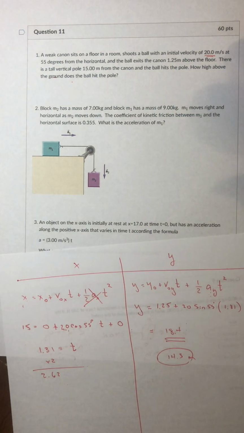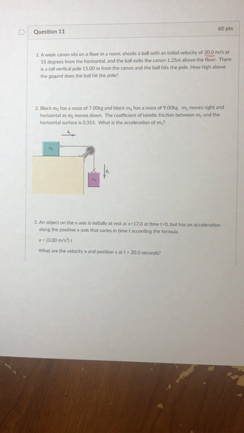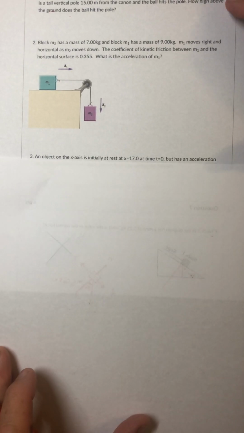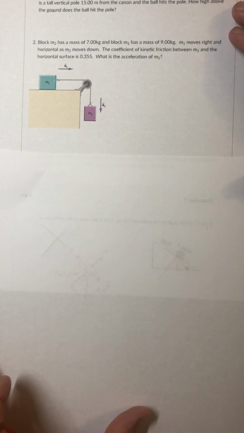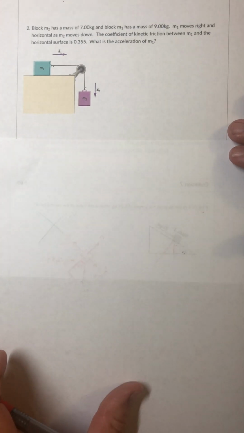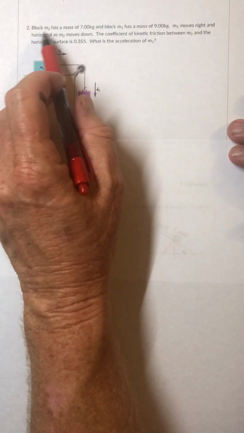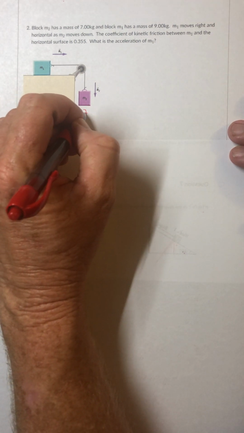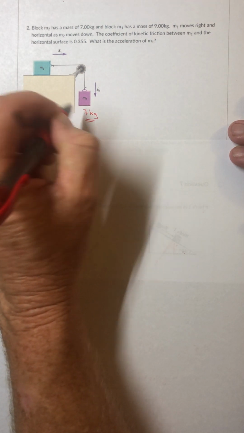Let's see. Let's go on to number 2. Let me get another backside. I'll do backside number 7 here. I got it on the screen here. So block number 2 right here has a mass of 7 kilograms.